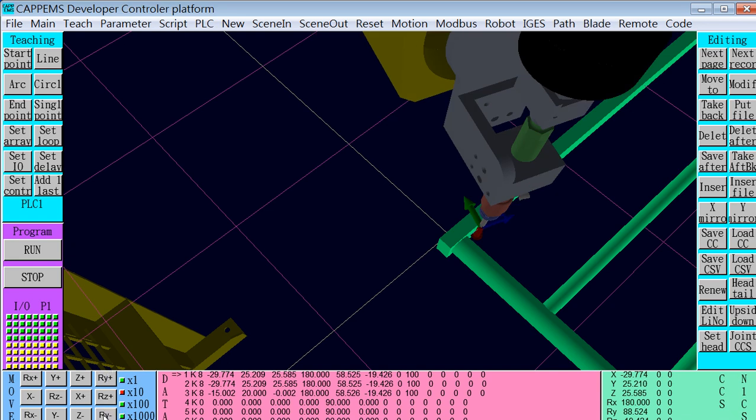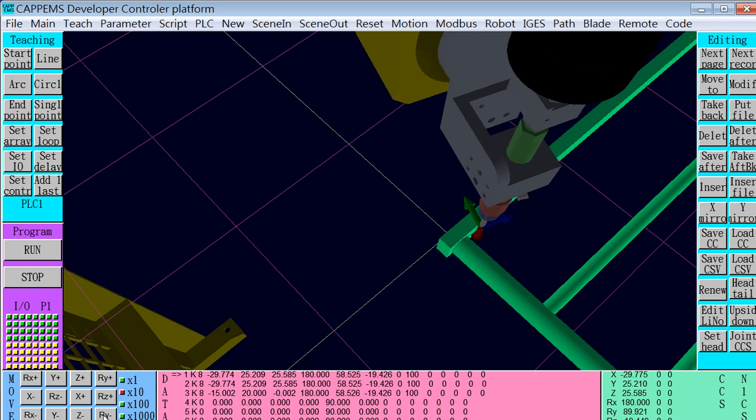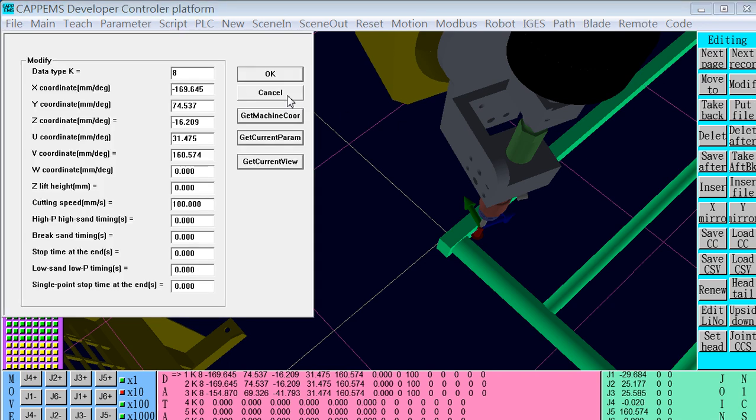Slower. Okay, 90 already. Back to joint mode, modify, get machine coordinates. Okay.